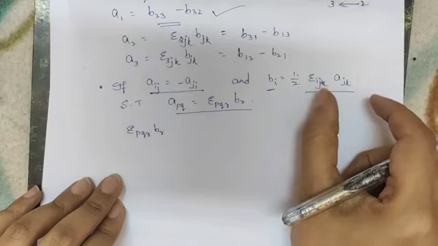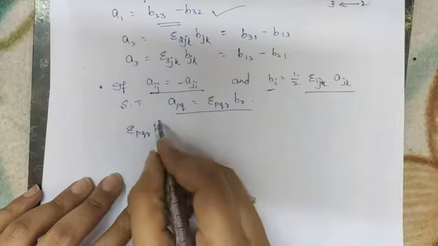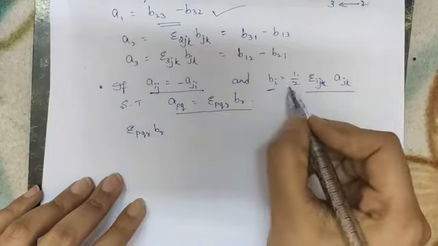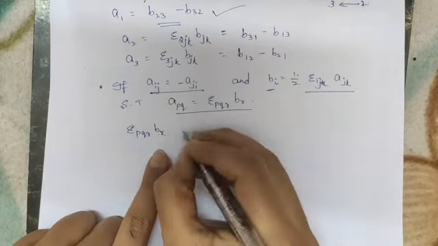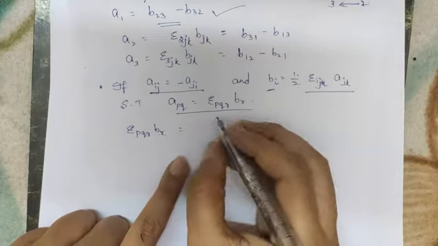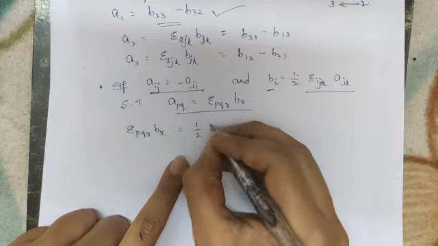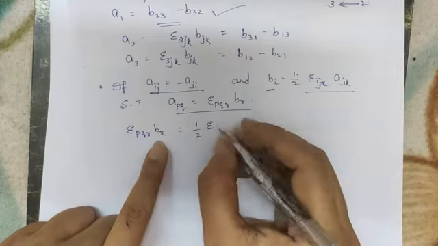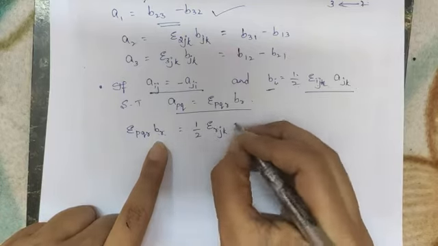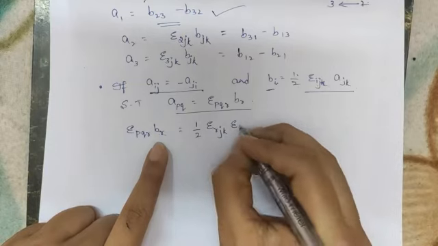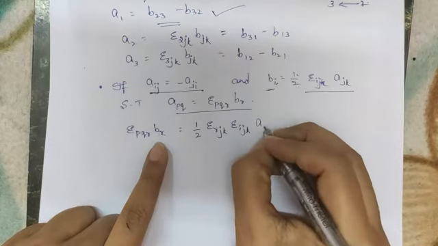So using this I can write it for br, only in the place of i I have r here. So this is nothing but 1 by 2 epsilon rjk into epsilon ijk ajk, right?